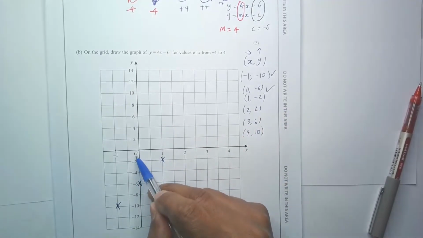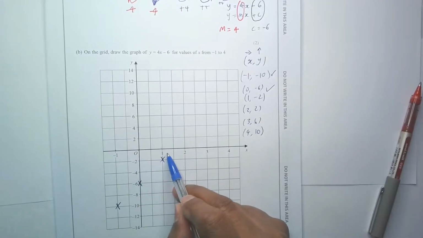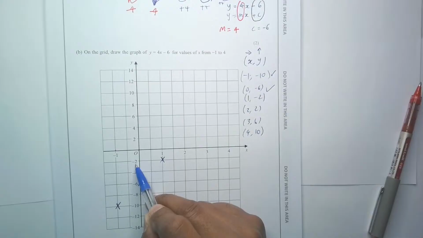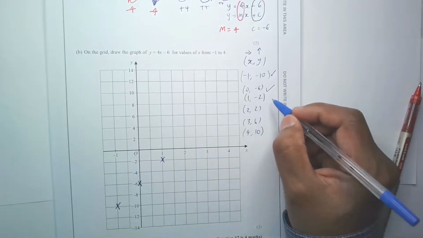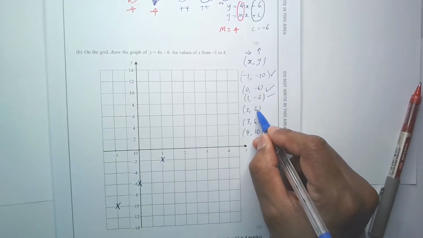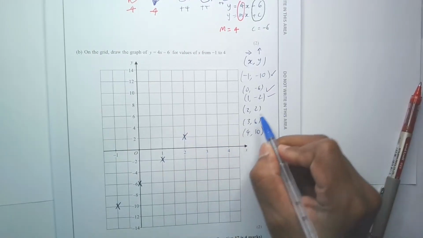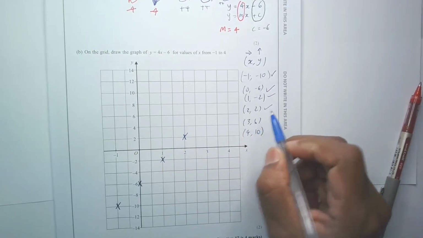And look at your units here. You can see this is going 2 squares represent 1 unit, whereas this 1 square represents 2 units. All right, tick this off. Next one is along the corridor 2, up the stairs 2. Along the corridor 3, up the stairs 6.